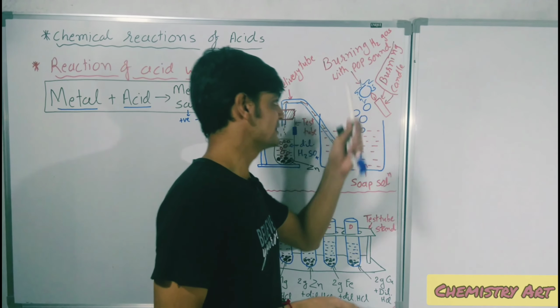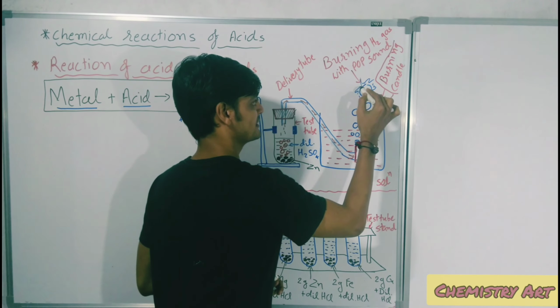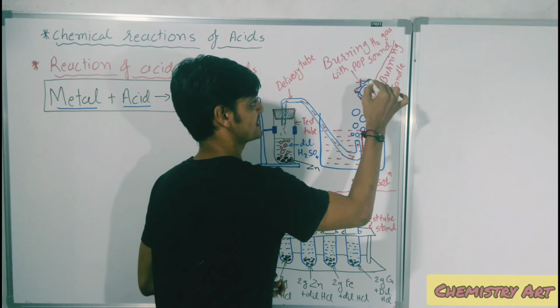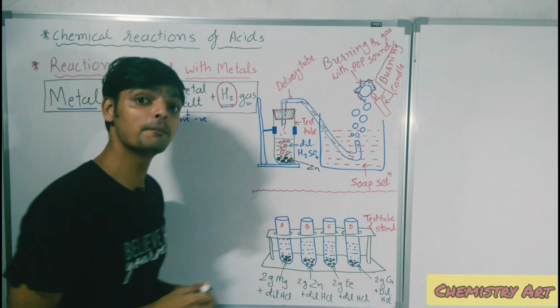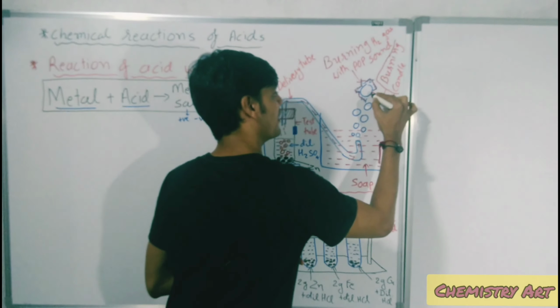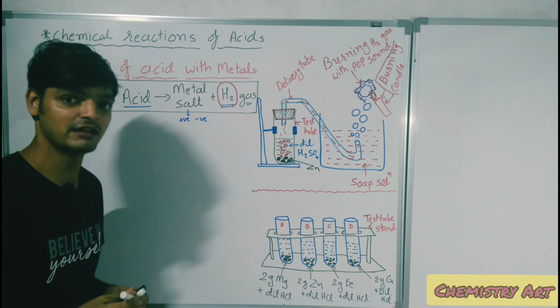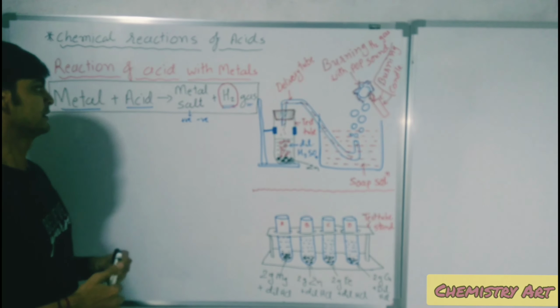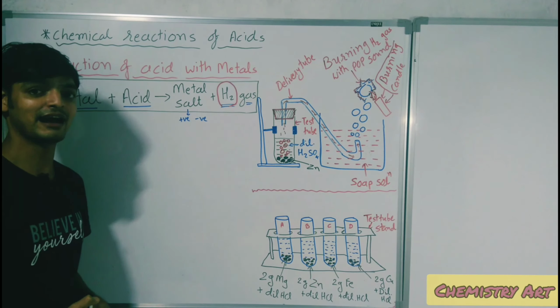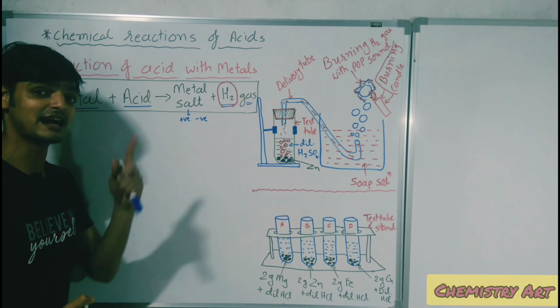So it is hydrogen gas, which gives the pop sound with the burning candle. This is our main proof that the gas is inflammable, and because sulfuric acid contains hydrogen, the gas which is forming is hydrogen gas.